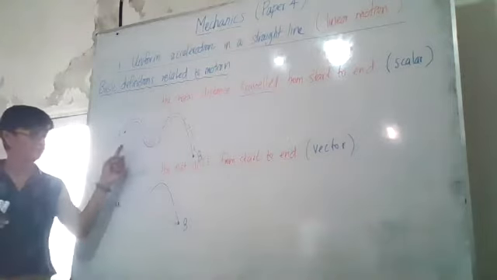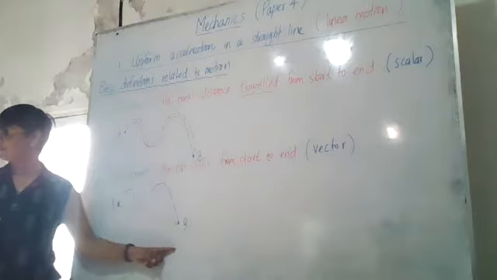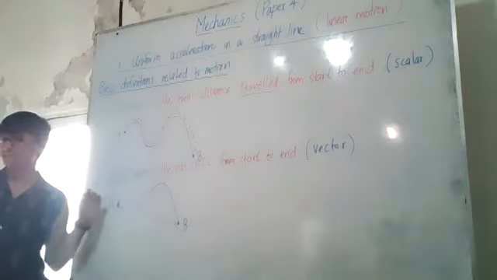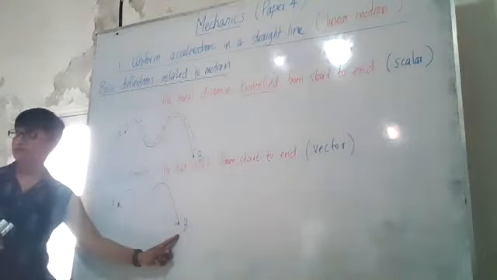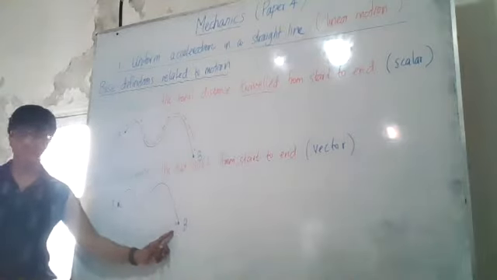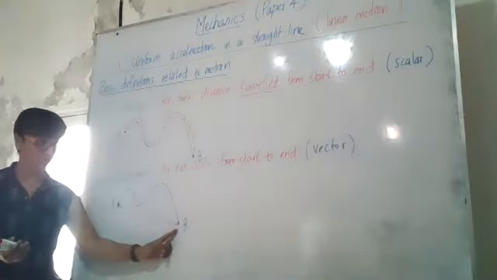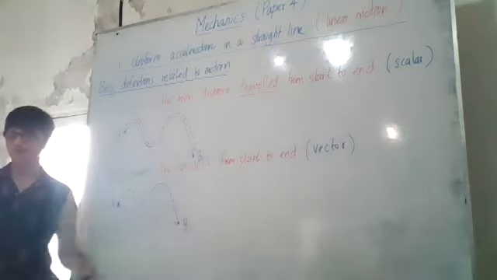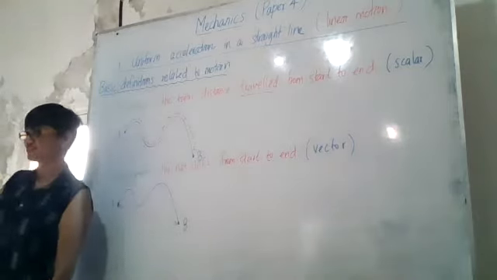North, south, east, southeast. Like in a southeast direction to A. I'm now 10 meters away in a southeast direction to A. You have to give it relative to A, where you are now, your new position in relation to where you started. And you have to give the direction, right?